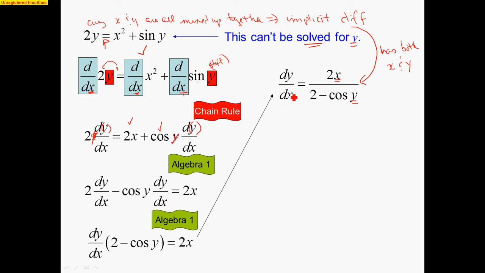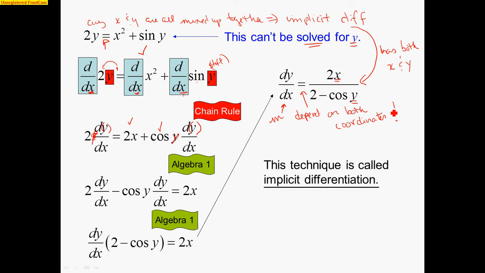The derivative, the slopes, depend on both coordinates. So again, this technique is called implicit differentiation.